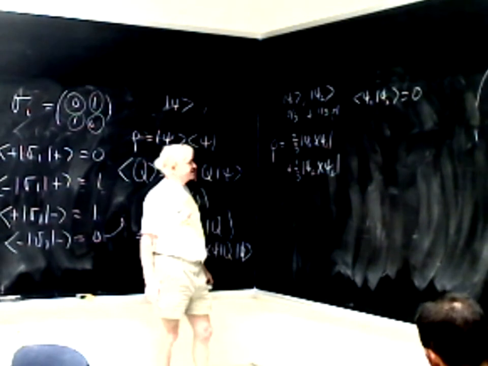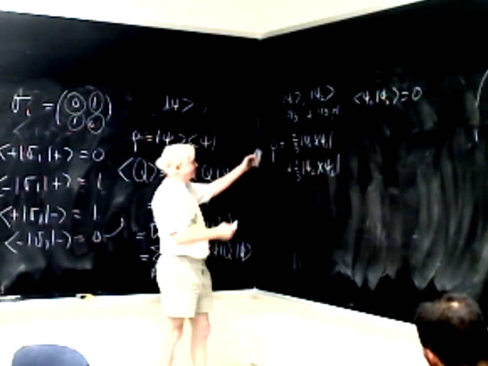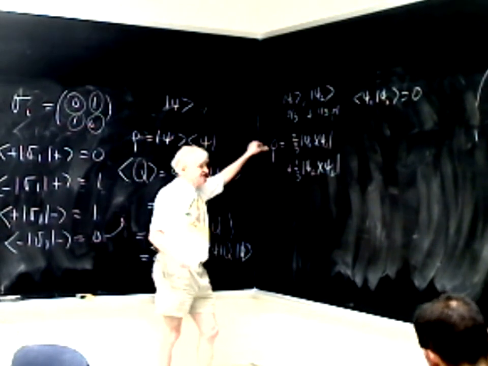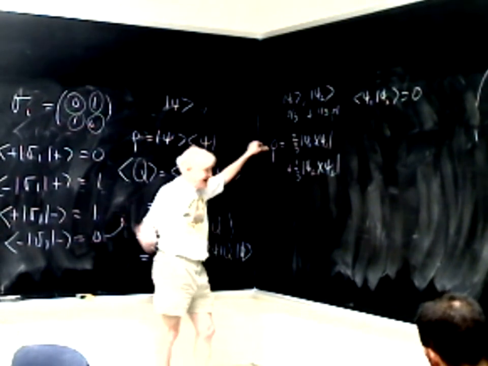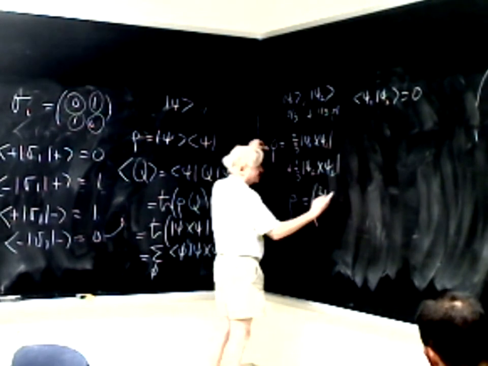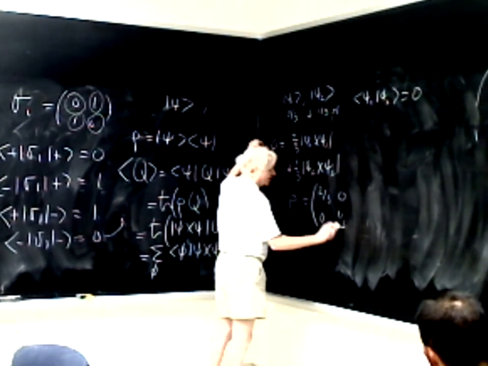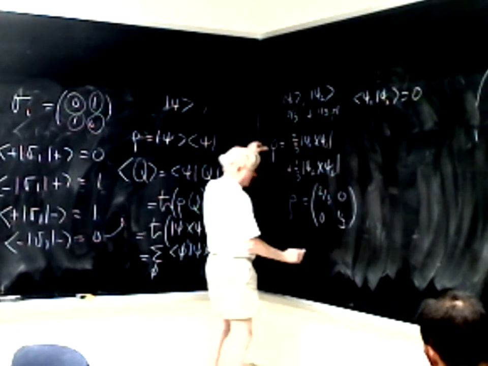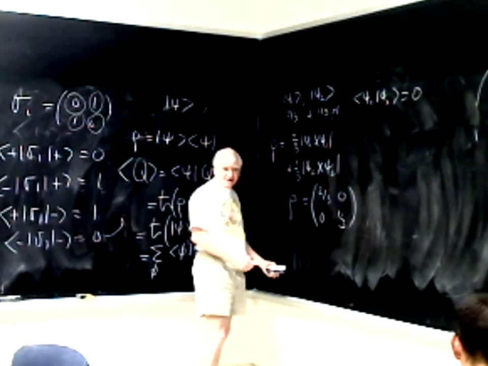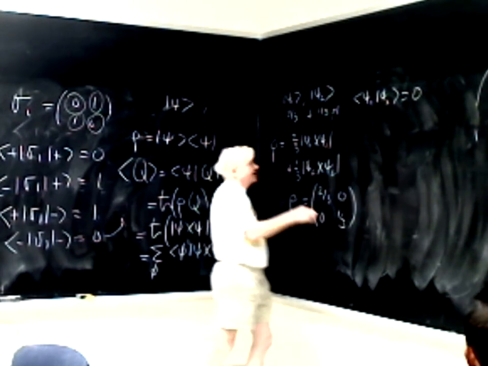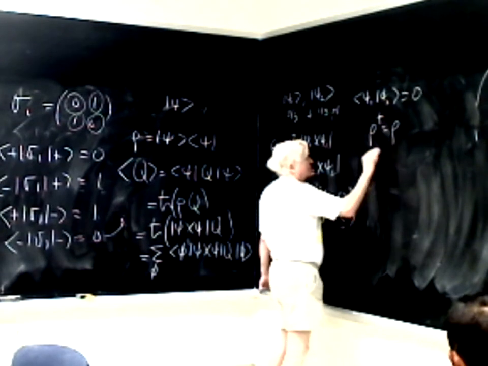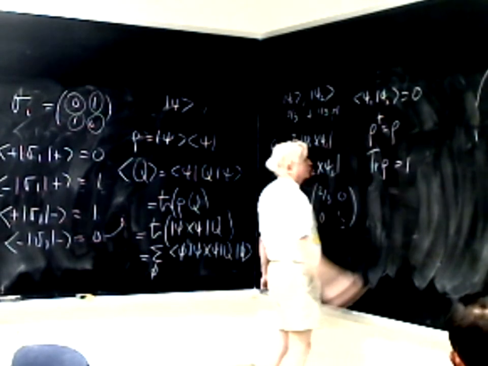And you can think of this, if you represented this linear operator rho, or this density operator rho, in the psi 1, psi 2, or the normal basis, rho would be represented by a matrix 2/3, 0, 0, 1/3. And so you see this is a Hermitian matrix, and it's a matrix that has unit trace. So we're starting to see that rho dagger equals rho, trace of rho equals 1.